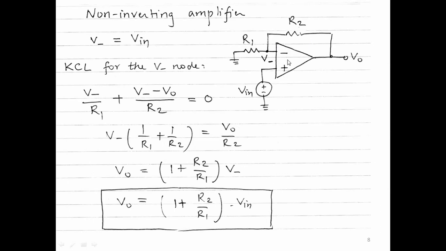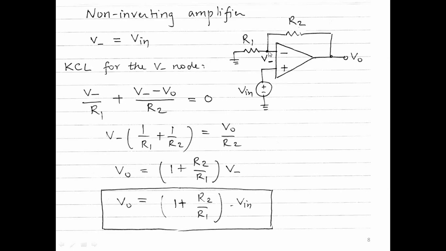So now I'm going to make the assumption that no current flows into the op-amp. I'm also going to assume that this voltage is equal to this voltage. So if these two are equal, then V minus is equal to V in. V in is a known voltage, so we already know the voltage at V minus.